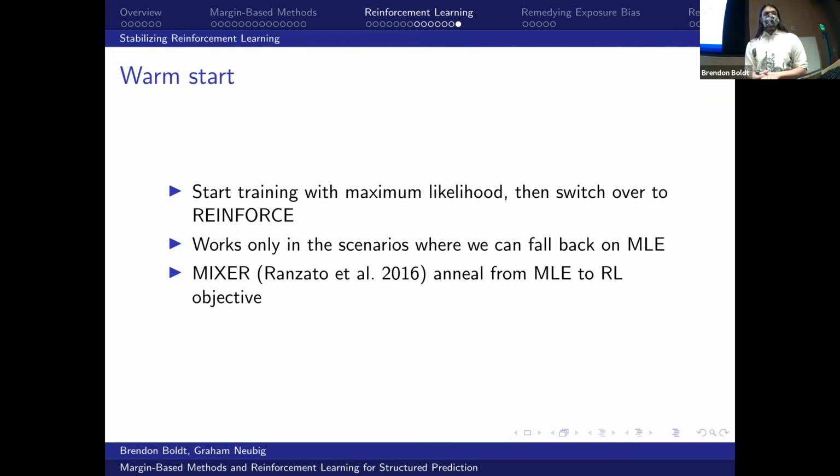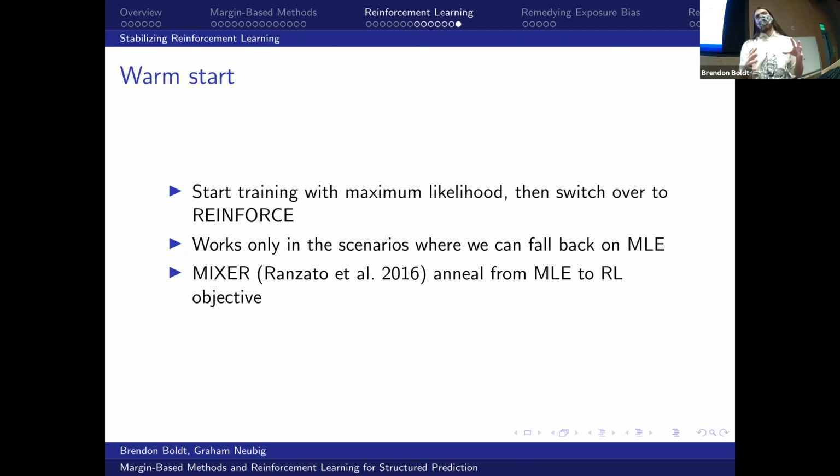Similarly to hinge loss, we can also do something like a warm start, where we train up the model with maximum likelihood, which is a bit biased, but then switch over to reinforcement learning. This is the idea of training with the low variance model first. Maybe it has a bit of bias, but once we get it to a good state, then we can fine-tune using our high variance but low bias algorithm, like REINFORCE.